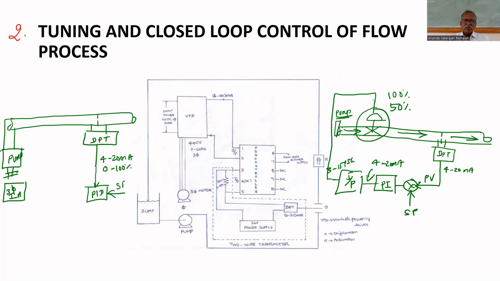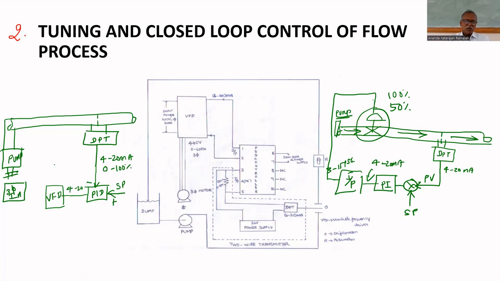Set point is given to the PID controller. The summing block I am not mentioning here, it is inside the PID controller. So the output is again 4 to 20 milliamps. Instead of using valve, we can put one device that is called VFD, variable frequency drive.